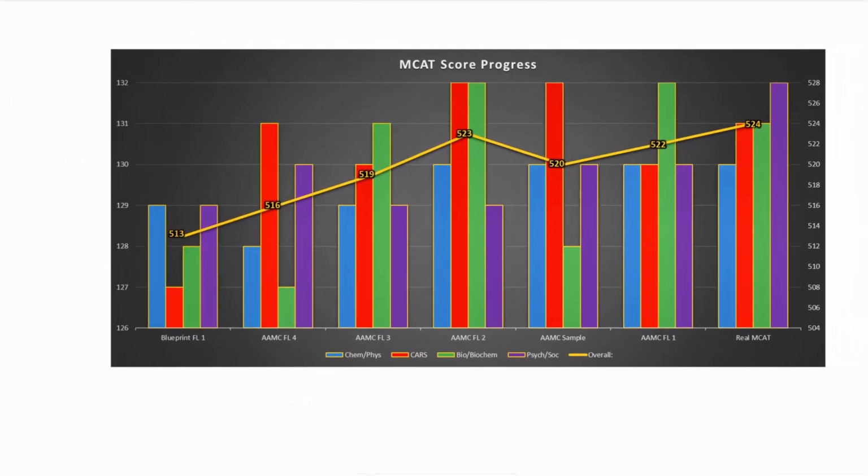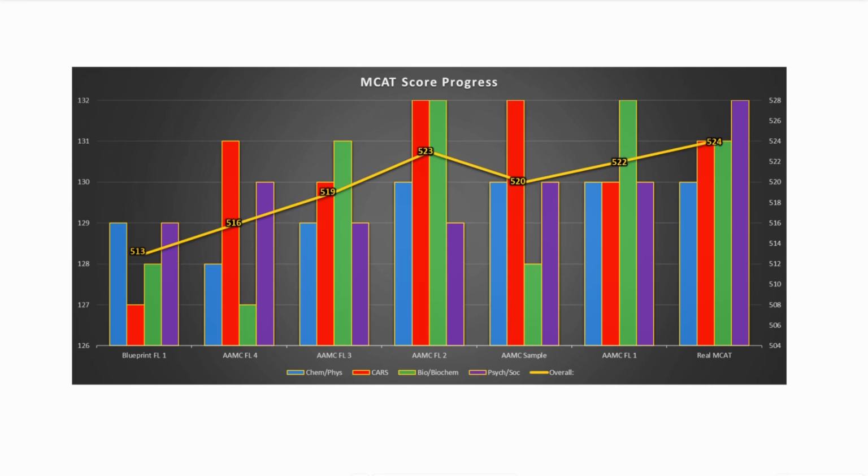This is actually a graph that I made while I was studying. I was procrastinating my studying. I was kind of fed up with studying, and so this was something that I did for fun to procrastinate. What I did essentially was graph each section. This was the Chem Phys section, this was my CARS section, this was my Biochem section, and this was my Psych Soc section.